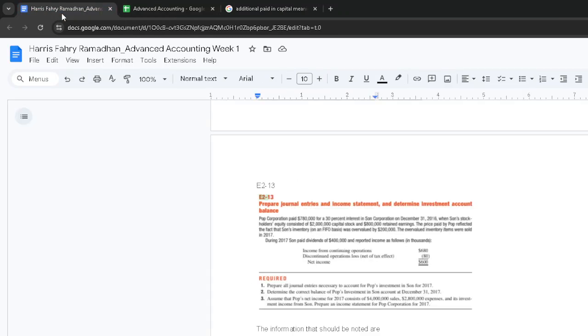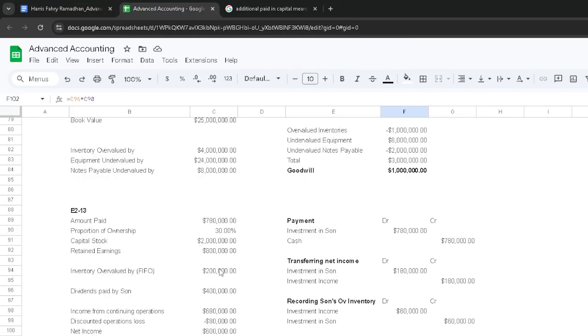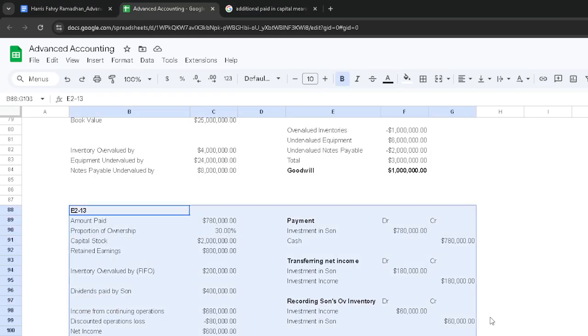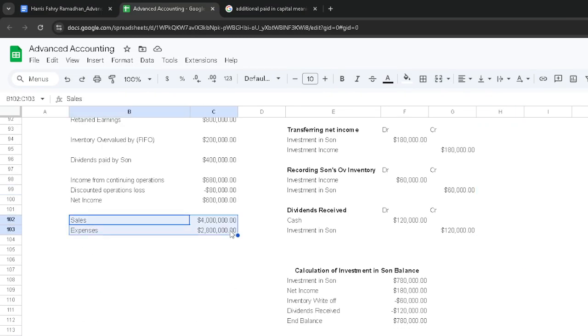So that's like that. And the third and last requirement here is to provide an income statement. They provided the sales and expenses, but in an income statement, since we already have all of these transactions and investments that we made before, there are a lot more things to include here.